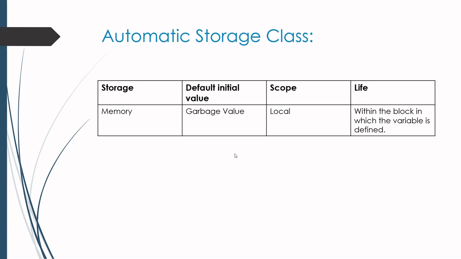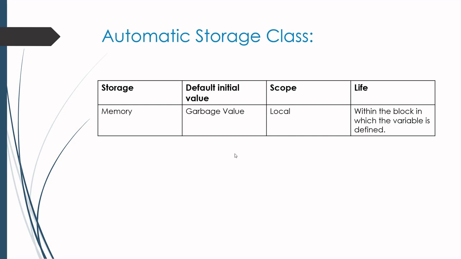Garbage value means an unpredictable value, some unwanted values present in those memory locations, right? That is called a garbage value. And the scope is local, meaning the value of that variable is active only within the block where you have defined that variable. That's why we say it is local.